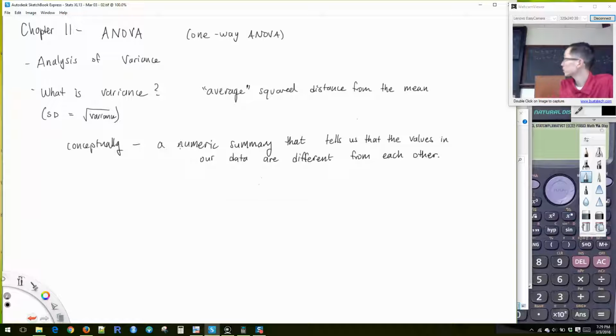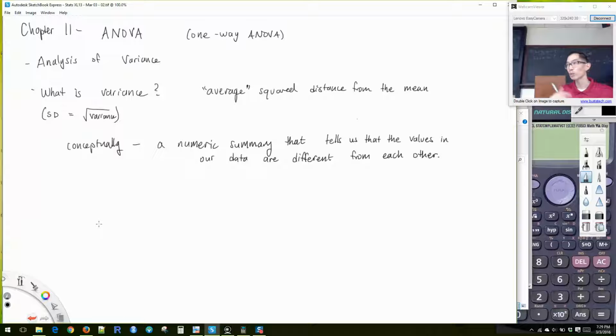Okay? And so when we're talking about the analysis of variance, we're going to take this total amount of variance, and we're going to try to break it out into different components. If we looked at people's heights, everyone has a different height. Some people are tall, some people are short.